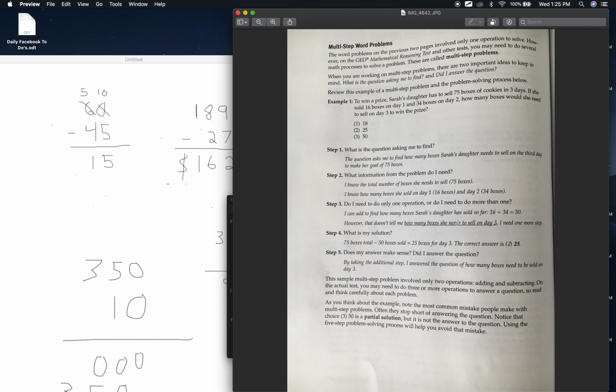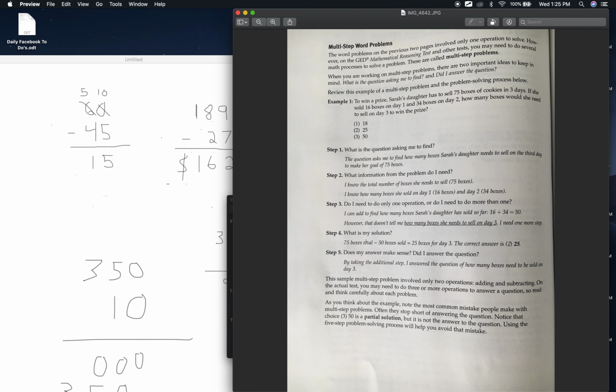I could tell by looking at it that it does not equal 75. I can add to find how many boxes Sarah's daughter has sold. So 16 plus 34 is 50. However, that doesn't tell me how many boxes she still needs to sell on day 3. I need to do one more step.